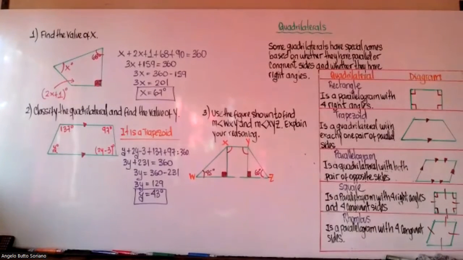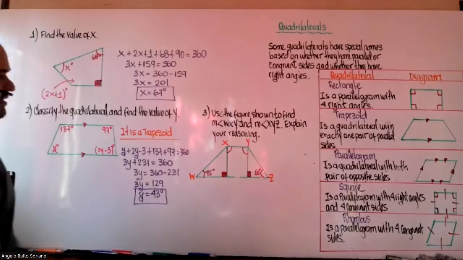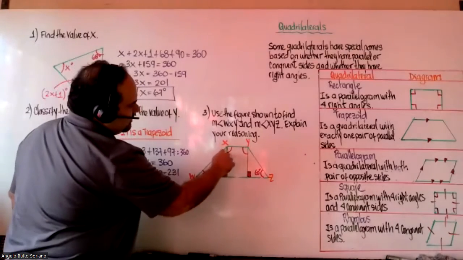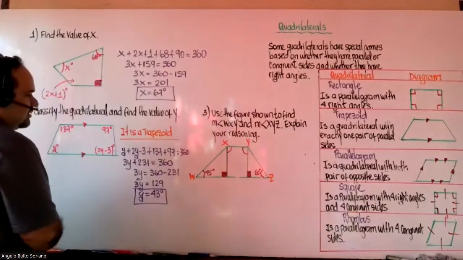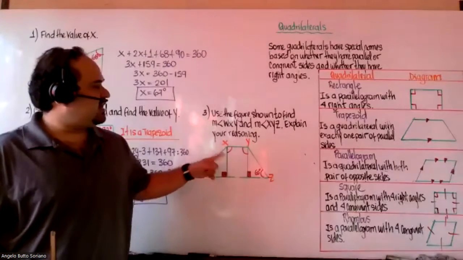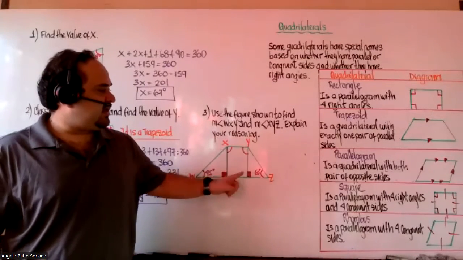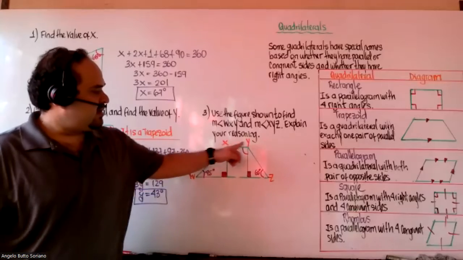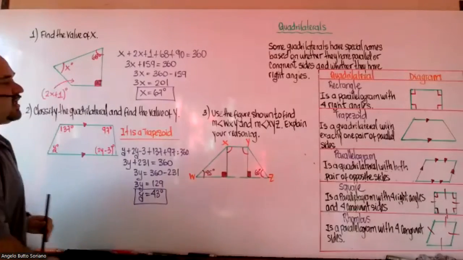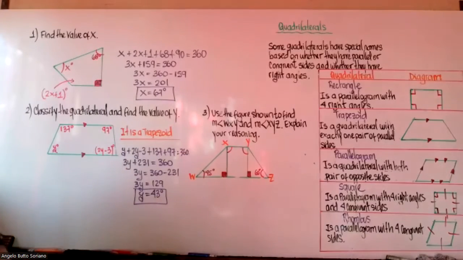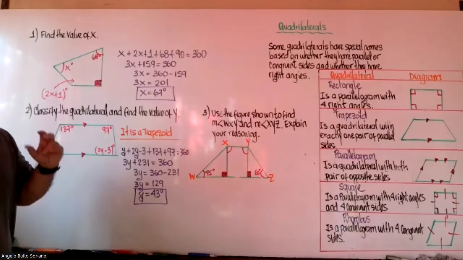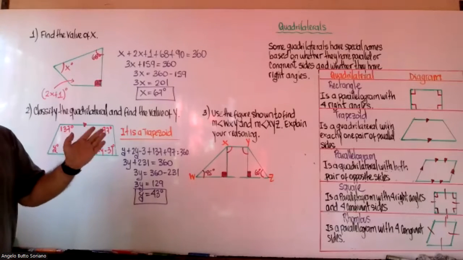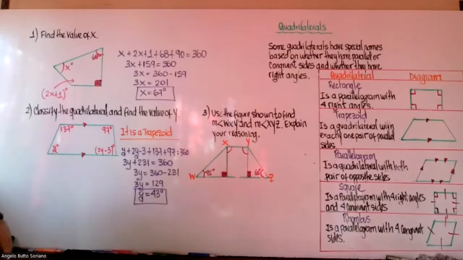All right, just to finish this. In this picture, we're supposed to look for the measure of the angle WXY. I mean, WXY simply means this entire measure. And after that, the measure of the angle XYZ. In geometry, to look for the measure of angles, the letter in the middle is always the angle that we're talking about.